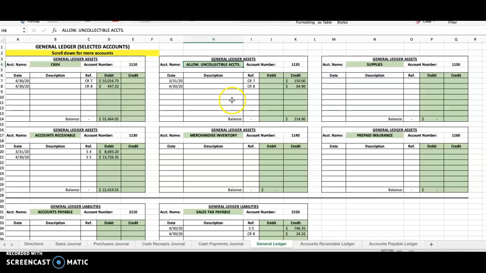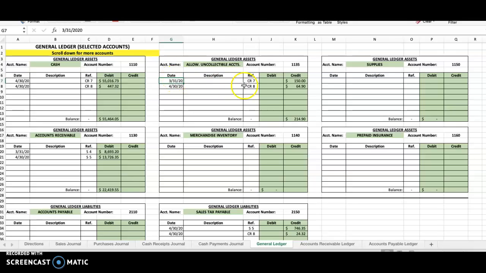You see two numbers there. I want to explain this in a moment. This is our current entry, April 30th, and we have the credit of $64.90 that came from our cash receipts journal, page 8. Back in March, we had the same kind of entry, the same adjusting entry at the end of each month.